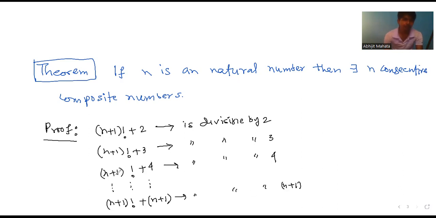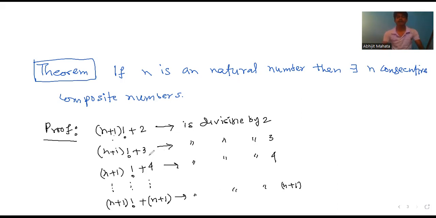So every number in this list has a proper factor, and the difference between any two consecutive numbers is 1. For example, this minus this is 1, this minus this is 1. So this sequence contains n numbers. It is a sequence of n consecutive numbers.